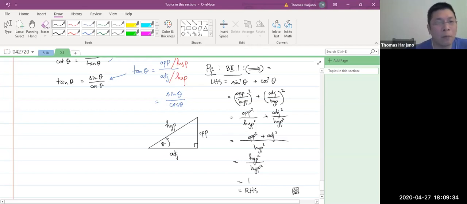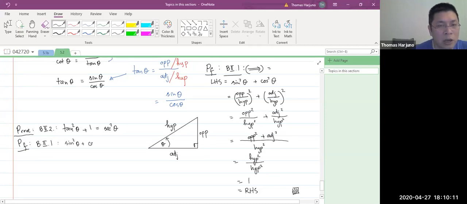Okay, now how about proving B22? B22, that is tangent squared theta plus 1 equals secant squared theta. The proof will be as the following. We take the identity from B21, that is sine squared theta plus cosine squared theta equals 1.